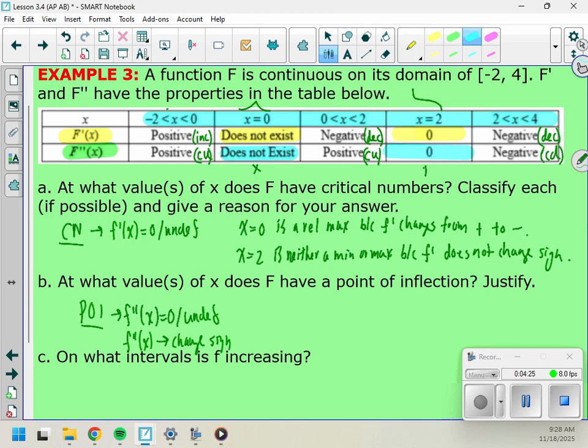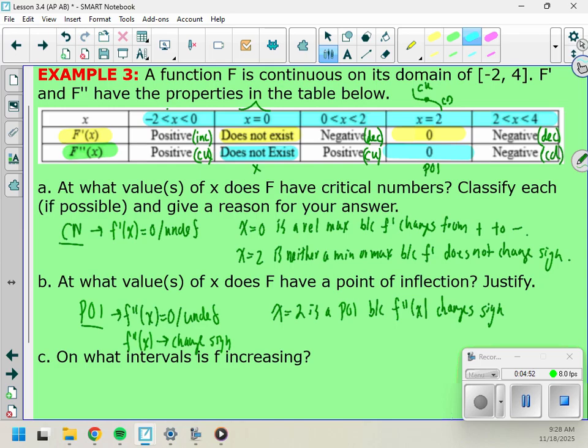So this one would be a point of inflection. And it's going to look like this, concave up and then concave down. So therefore, x equals 2 is a POI because f double prime of x changes sign. Doesn't really matter if it changes sign, positive to negative or negative to positive. It's still going to be a point of inflection.